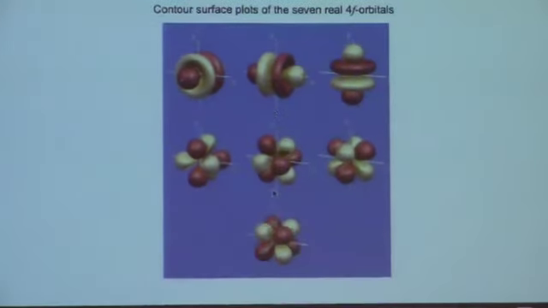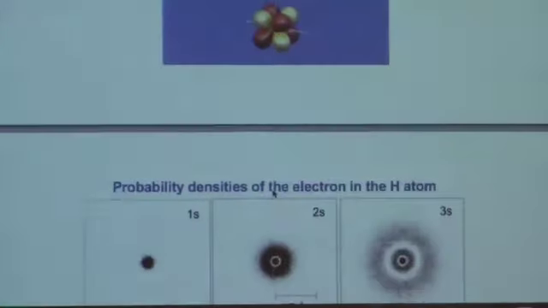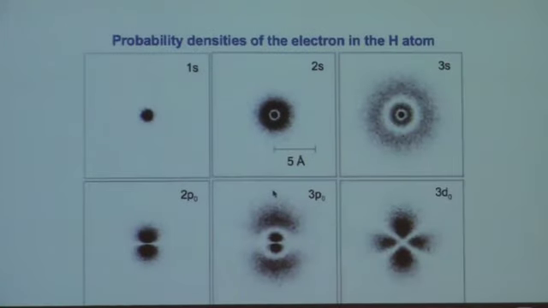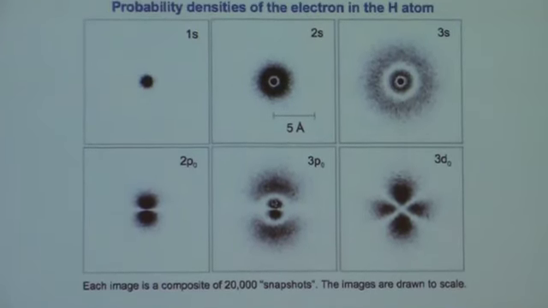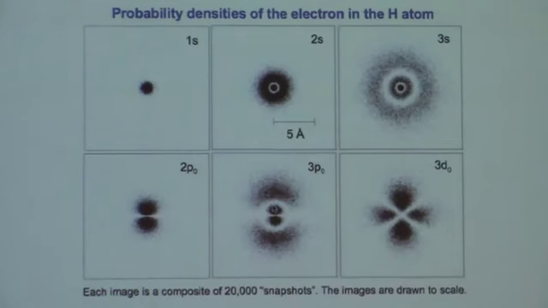Now, here are the f orbitals. And then these nice pictures of actual experimental detection. If you take the hydrogen atom in the ground state and you start diffracting something, or, well, I don't know actually what they used to generate these pictures, but some kind of measurement process.